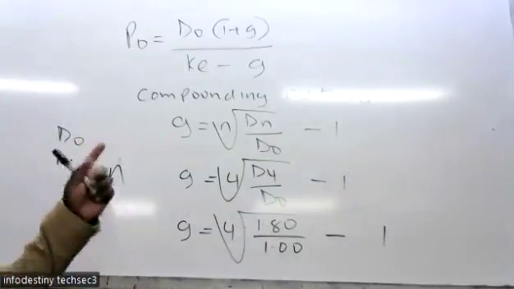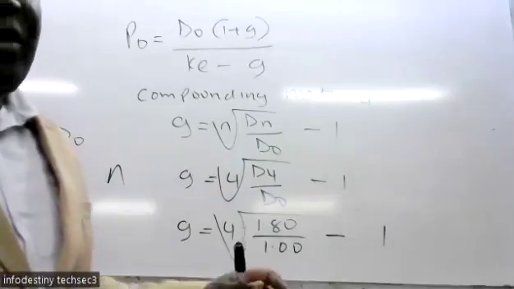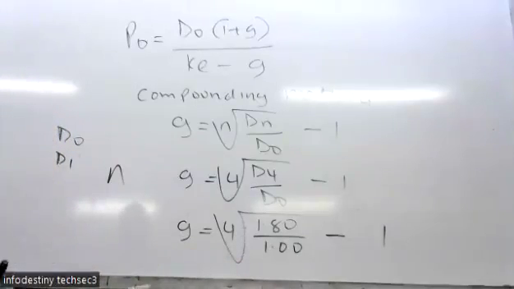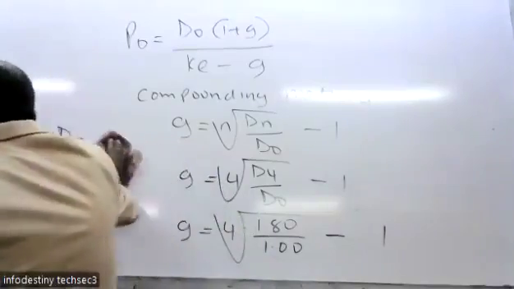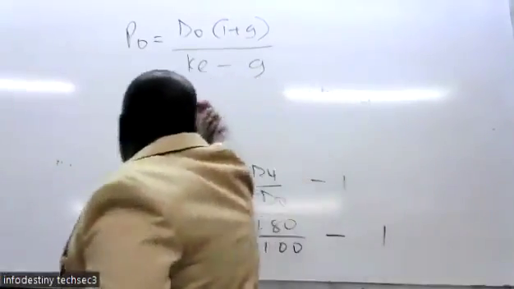So after getting G, we now go back to compute the value of the share.